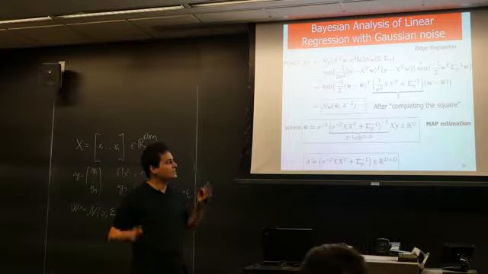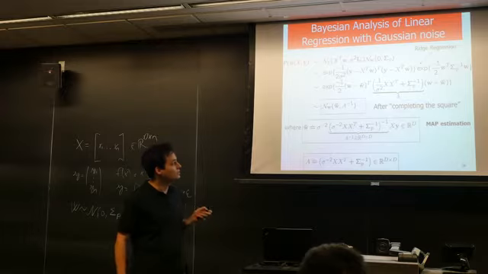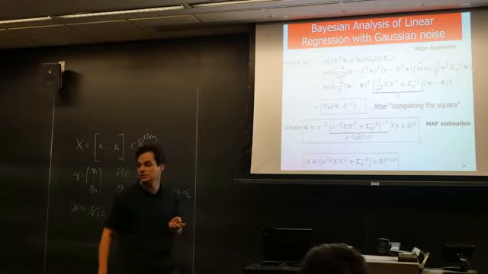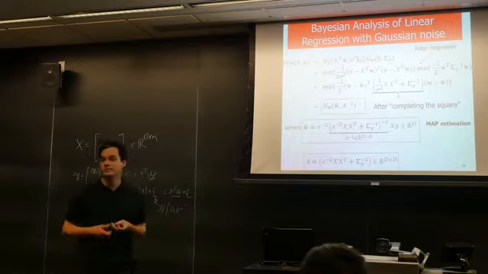This trick is called completing the square, when there's a quadratic expression and you want to rewrite it as a quadratic expression in W. This is how you would rewrite it to see that this is the mean of the new Gaussian distribution, and this is the covariance matrix of the Gaussian distribution. So you just need to collect the terms.